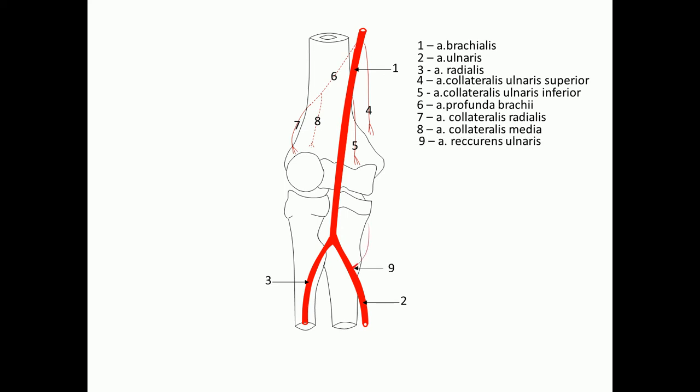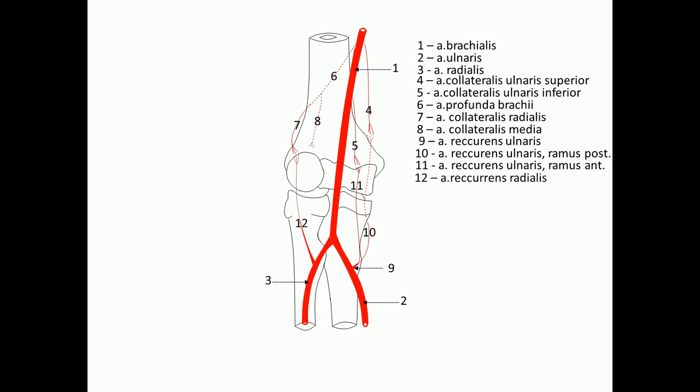Number 9, arteria recurrens ulnaris. Here it is. Arteria recurrens ulnaris divides into 2 branches. One of them is number 10, arteria recurrens ulnaris ramus posterior, and another is number 11, arteria recurrens ulnaris ramus anterior.